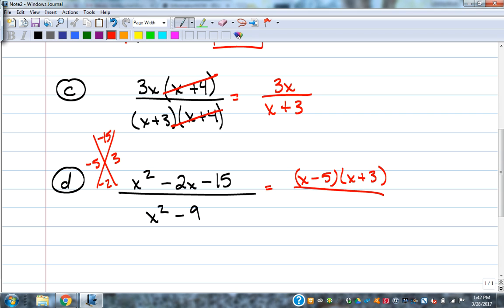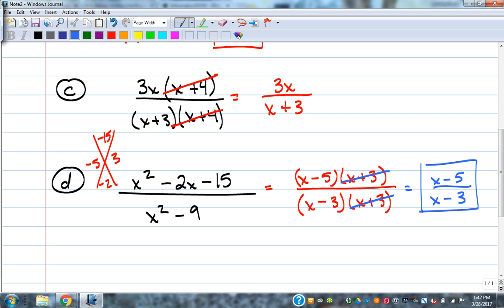How does the denominator factor? Yeah, x minus 3 and x plus 3. And then we cancel factors. So what factor cancels? All right, the x plus 3 cancels the x plus 3, and you're left with x minus 5 over x minus 3.